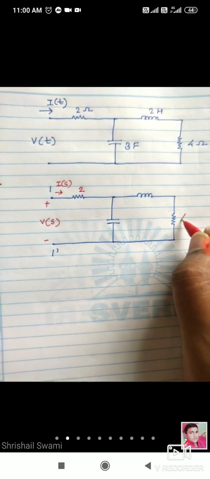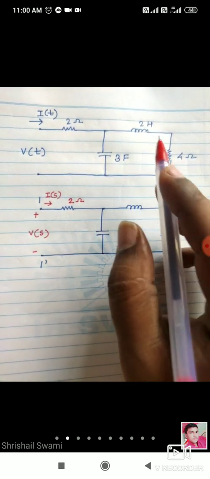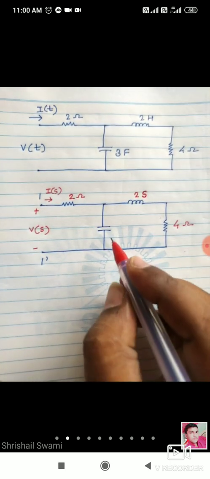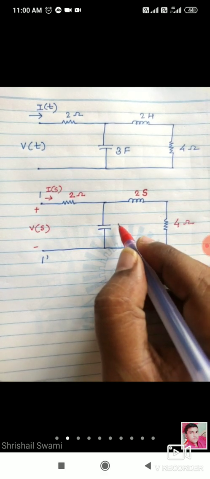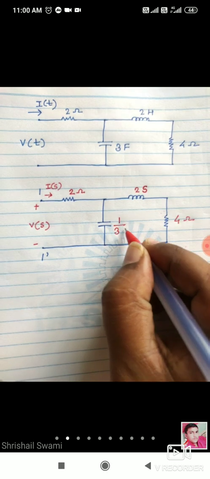Now resistor values take as it is, 2. Here it is 4 ohm, 2 ohm. Now next, what about this inductor? L into s. L value is 2, that is 2 into s. And capacitor is 3 F, 3 farad. So 1 upon Cs. 1 upon C means 3 value. So 1 upon 3 into s.